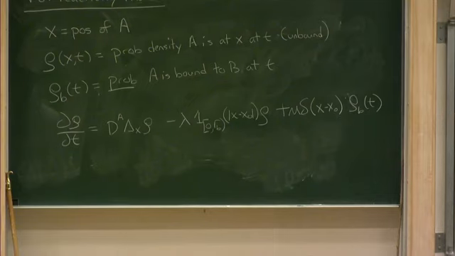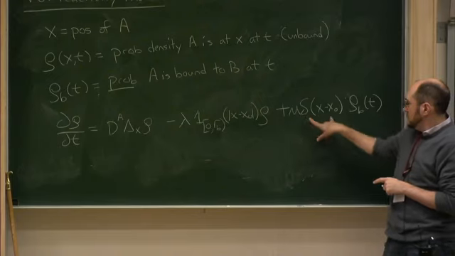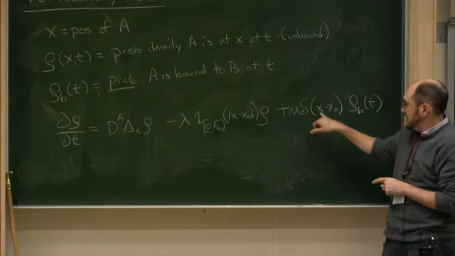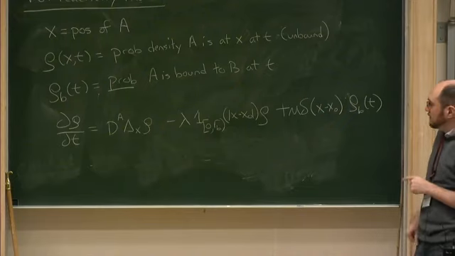Okay, so we'll write out maybe in a minute what the parameters are. But here, mu is the off rate, or the unbinding rate. This is the probability density that when I unbind at x naught, I get positioned at x. And then this is just the probability that I'm bound.